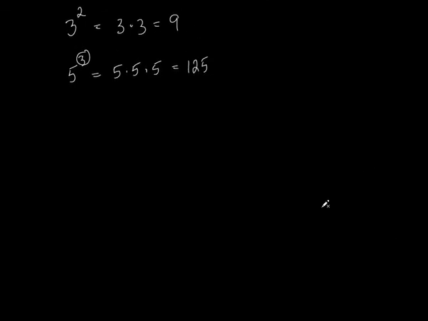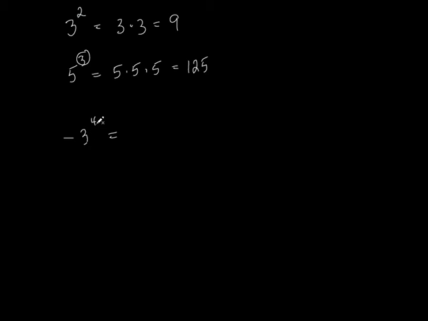Now, let's get a little bit trickier with this. What if you had negatives? What if you had negative 3 to the, let's say, 4th? Okay, now if we had this, watch what we have. This negative is not in a parentheses, is it? So what's the only thing being taken to the 4th power, Tiffany? Just the 3, okay?